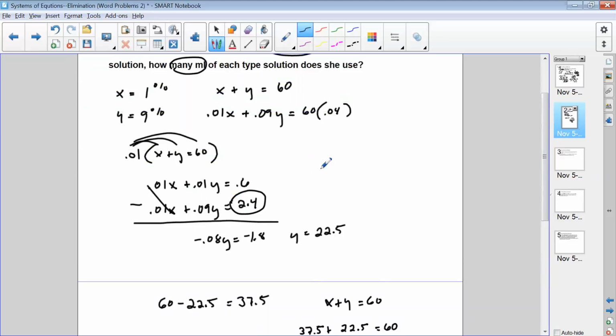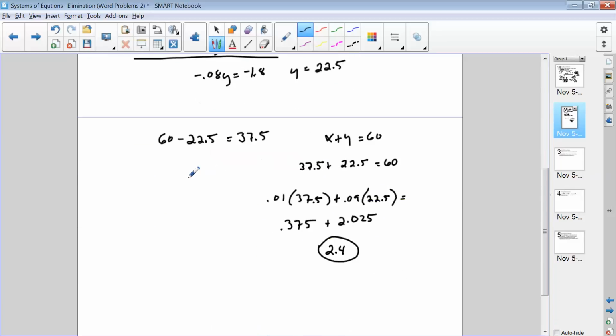Okay, so the final answer was how many of each type of solution: X to be 37.5, Y to be 22.5.